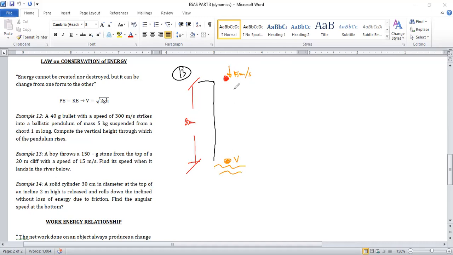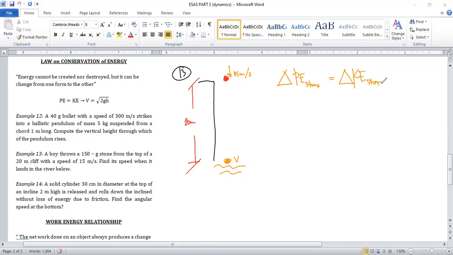We then say that the change in potential energy of the stone, because there is a change in elevation, is equivalent to the change in kinetic energy of the stone.